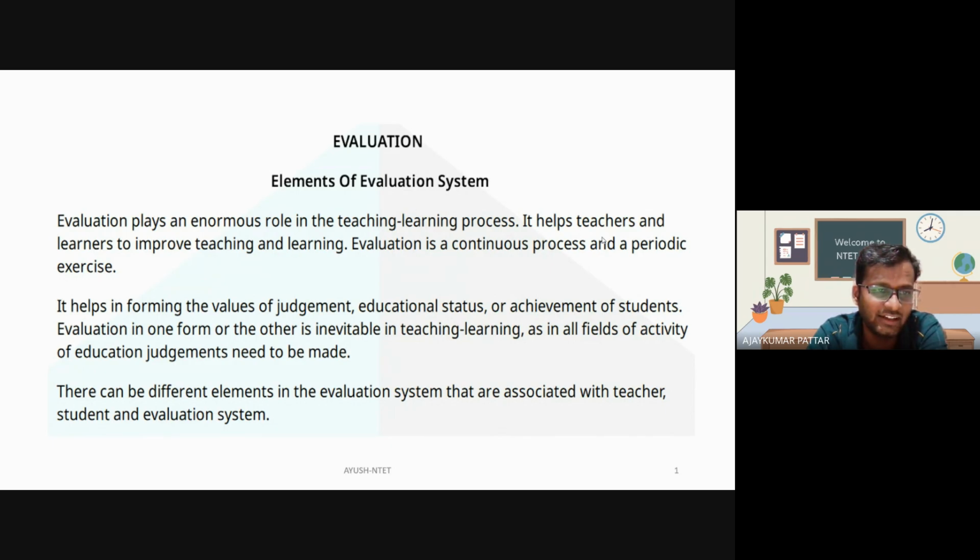Measurement, assessment, and evaluation. We are generally confused with these terms, and we think that all are the same and give the same meaning. Whether these have some different meanings or different purposes of using measurement, evaluation, and assessment.